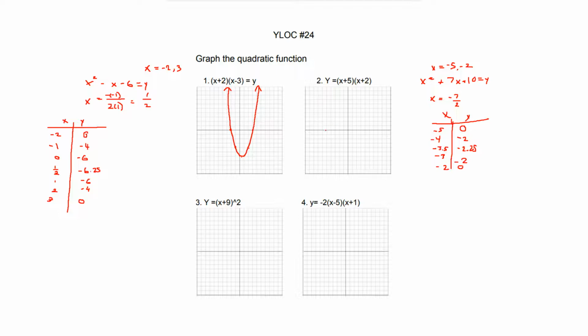If we were to plot that, -4 is 2, -3.5 is right here, -2.25 is around here, -3 is -2. If we were to draw a line through that, we would get a parabola looking something like this.